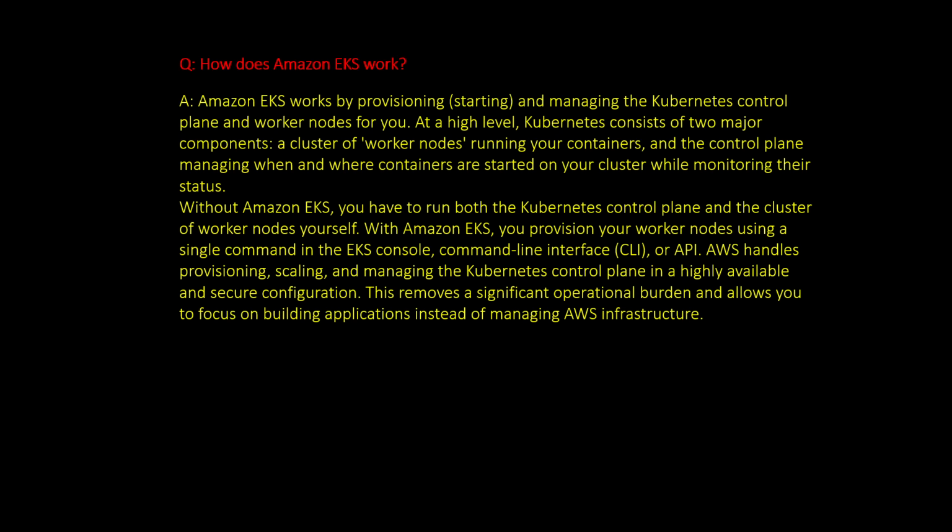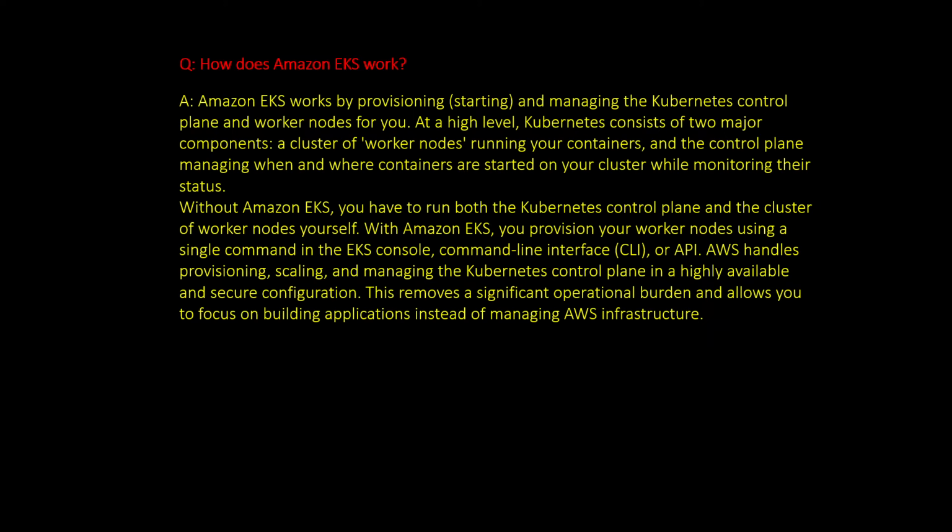How does Amazon EKS work? Amazon EKS works by provisioning, starting, and managing the Kubernetes control plane and worker nodes for you.